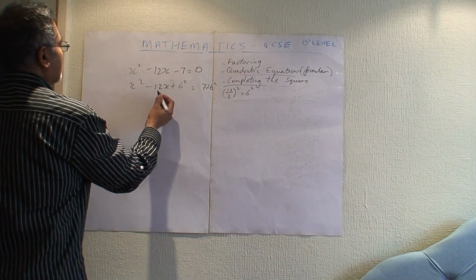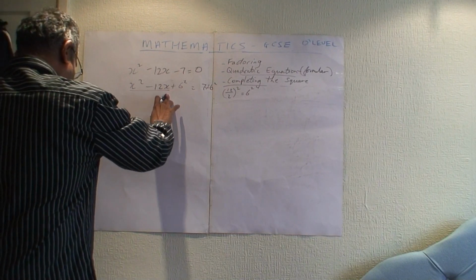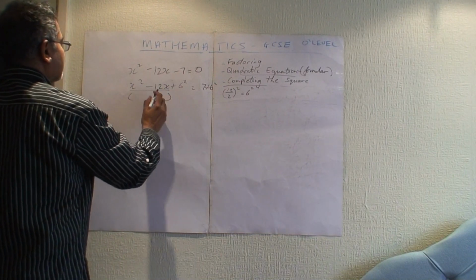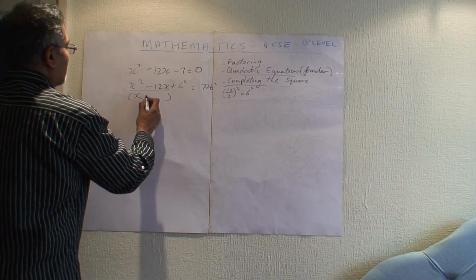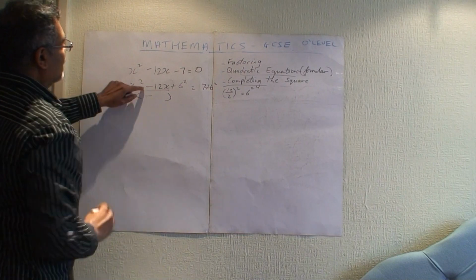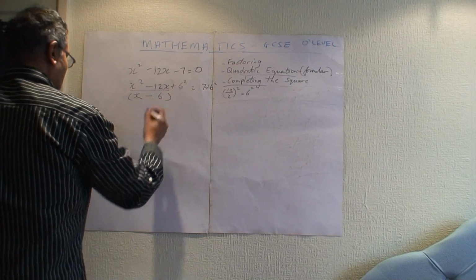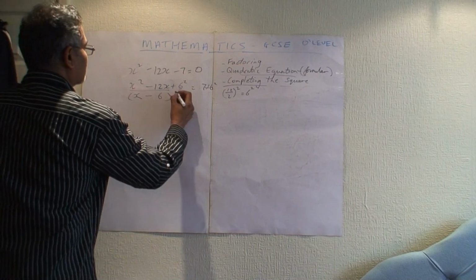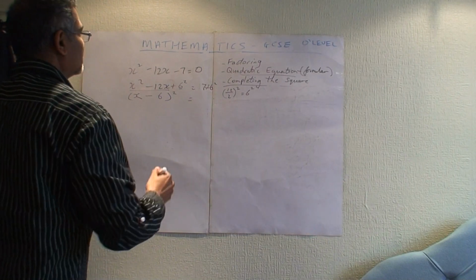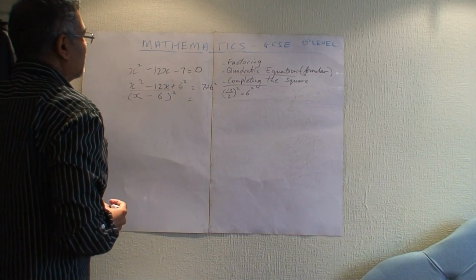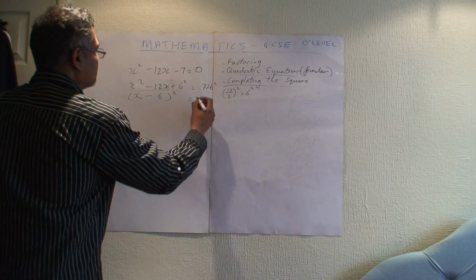Well, we have to end up factorizing this bit here where we put the brackets. The x comes in here, the minus comes in there, and we take the 6 and we put the 6 there, and it's squared. And it's equal to 7 plus 6 multiplied by 6. That's 36. 36 plus 7 is 43.